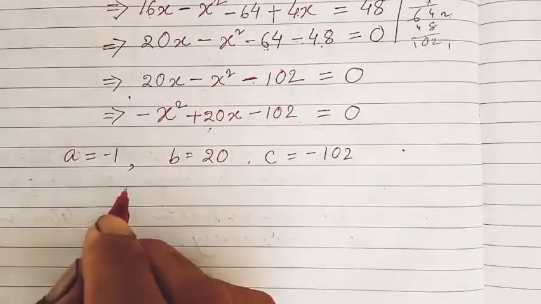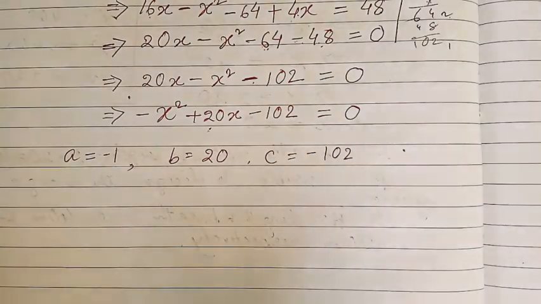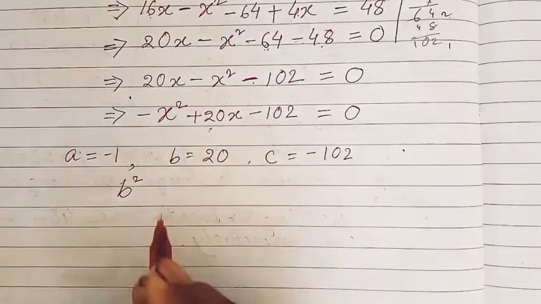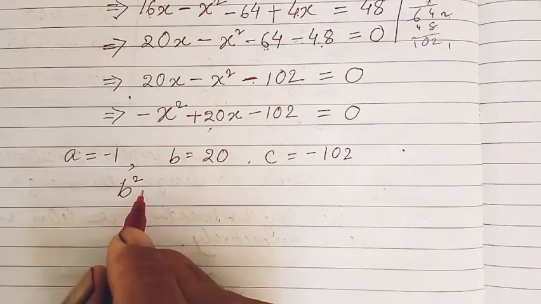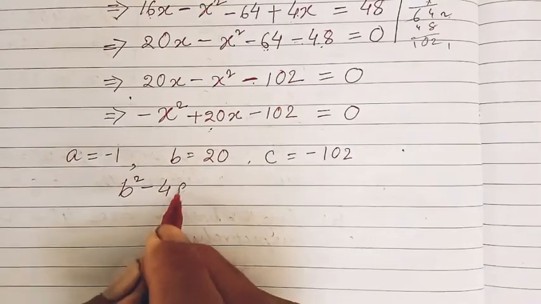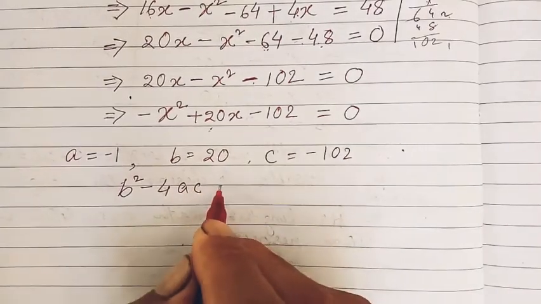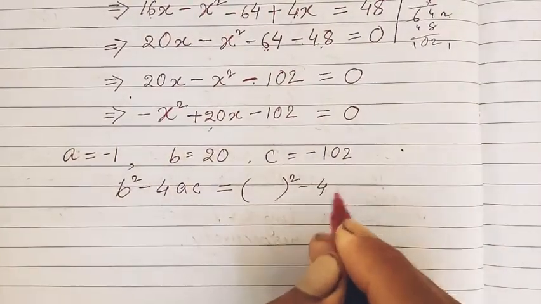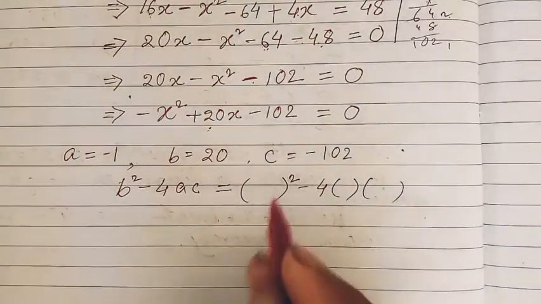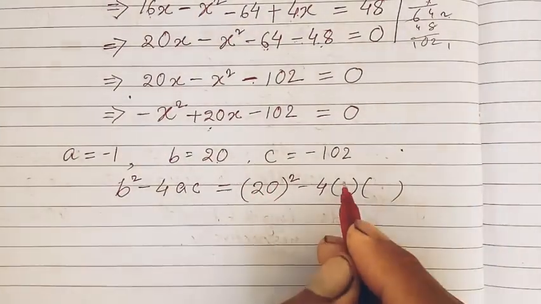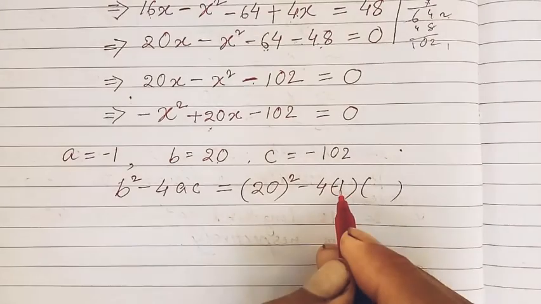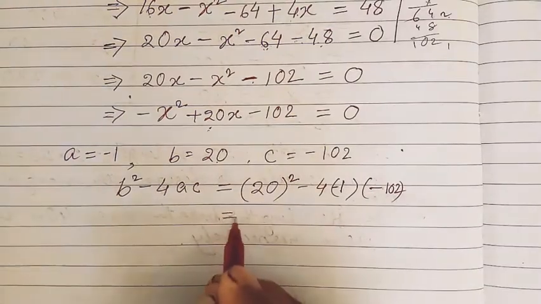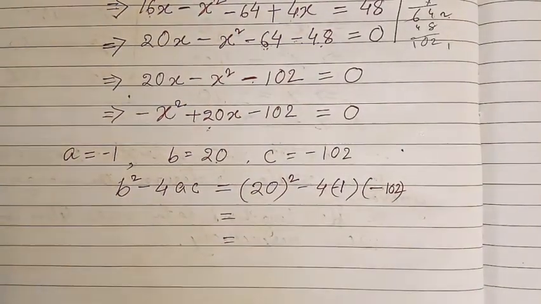To check whether this situation is possible or not, we have to find the discriminant of the equation, b square minus 4ac. Let us calculate and see what we get.